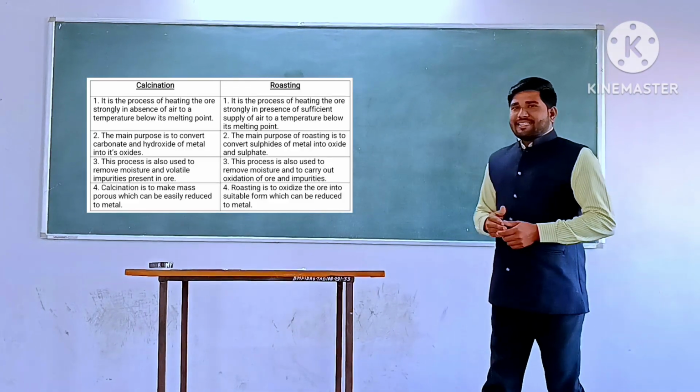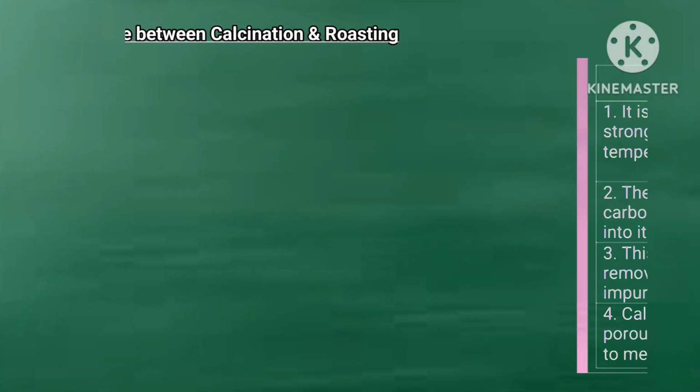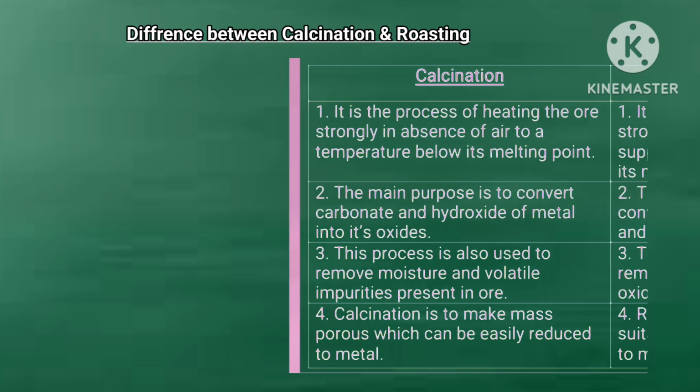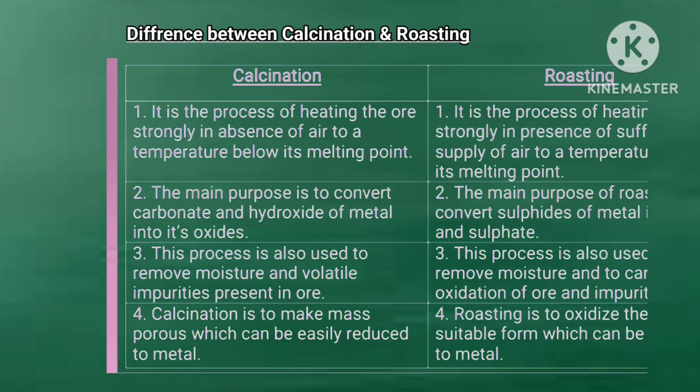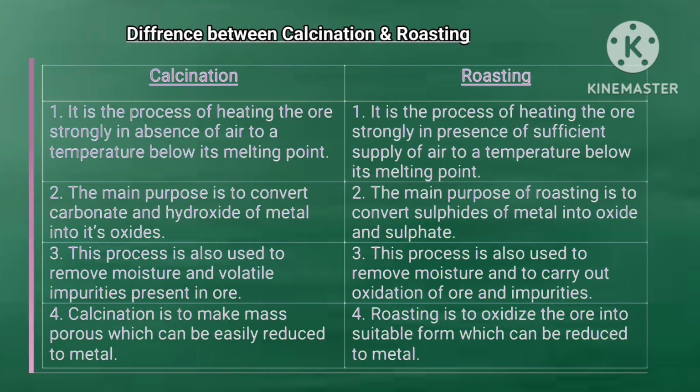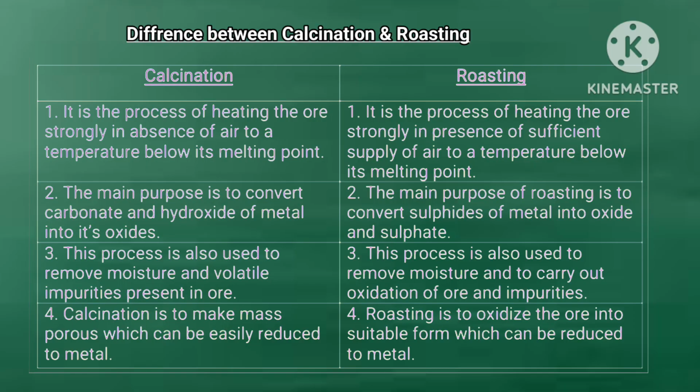So let us see the difference between calcination and roasting. At first, we will see the points in the calcination column.